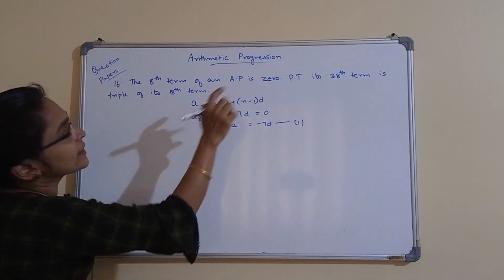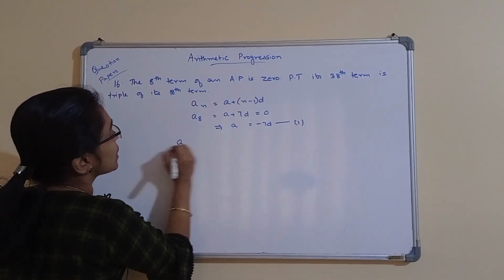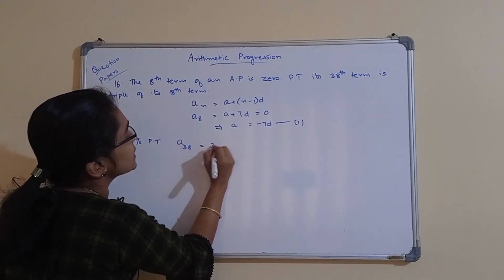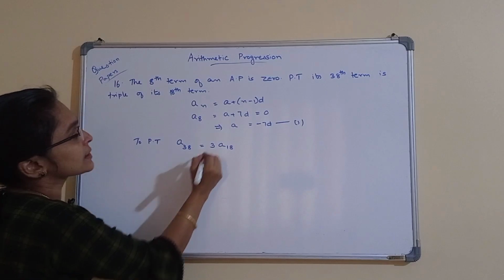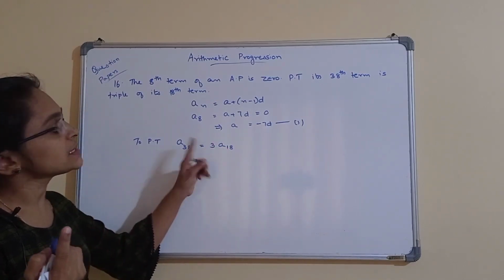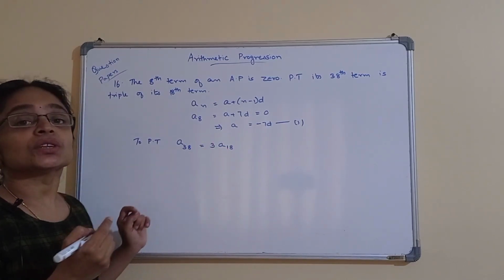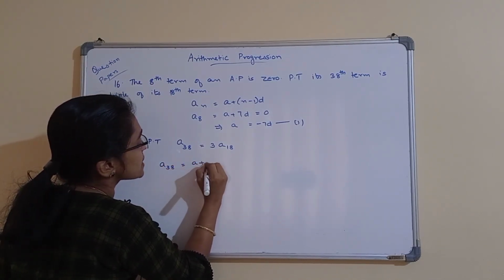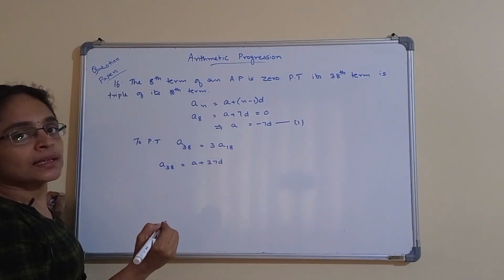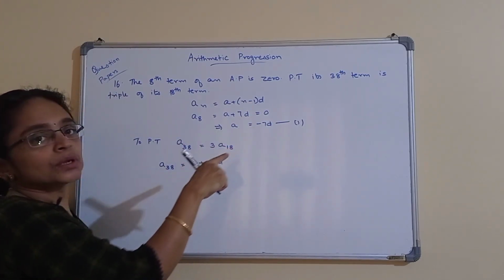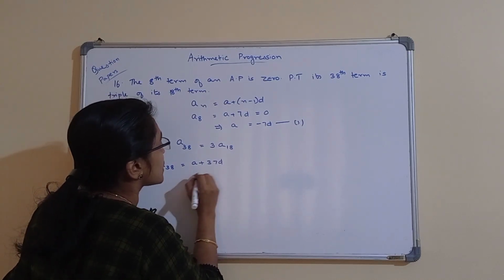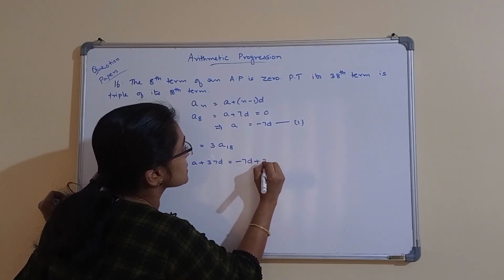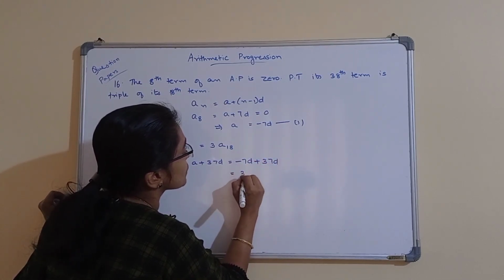Now we have to prove that a38 is equal to 3 times a18. Triple of a18 means 3 times a18. And what is a38? a38 is equal to a plus 37d. And a equal to minus 7d. So, we can write this as minus 7d plus 37d, which is equal to 30d.